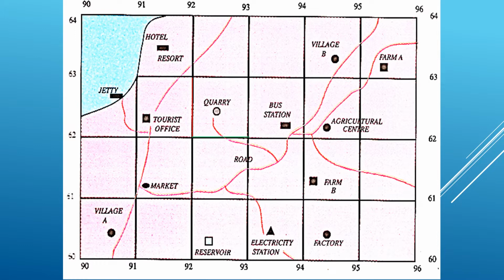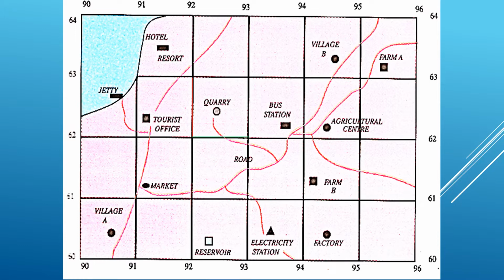Okay, let's try another one. What about Farm B? Now, look at the grid once more and try to decipher for yourself which easting Farm B is located immediately east of.